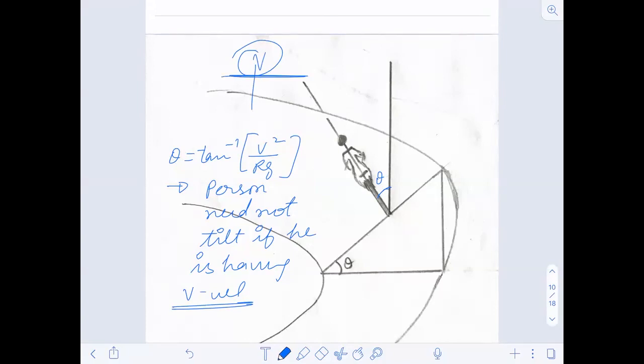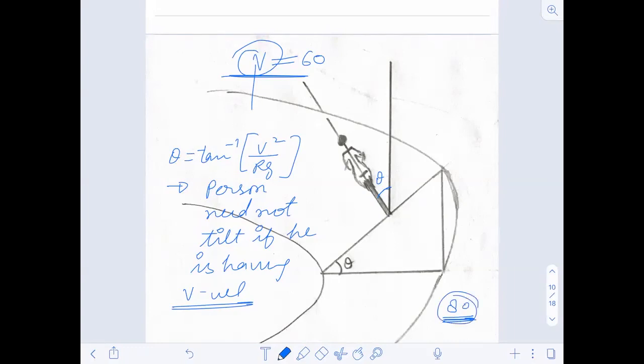Now how will the questions be asked in the advanced? The question will be: what should be the angle so that the person moves. Suppose this banking has been done for 60, and the bike rider or cyclist wants to move with the velocity 80.